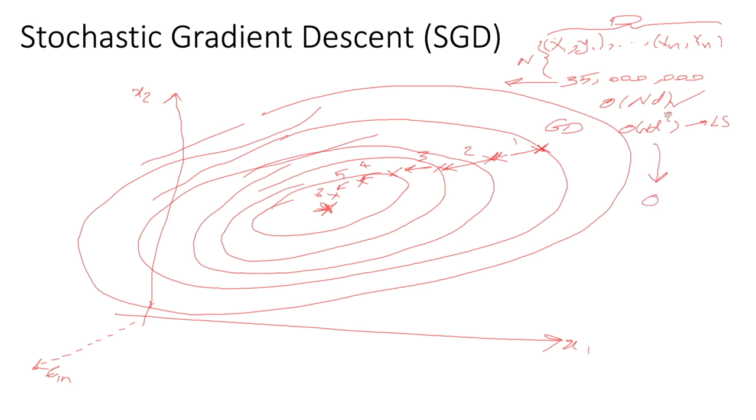We're going to downsample this to just this order of D in the case of stochastic gradient descent.